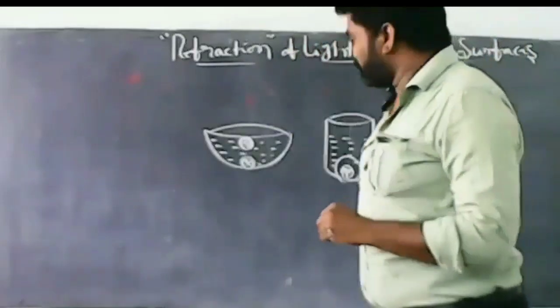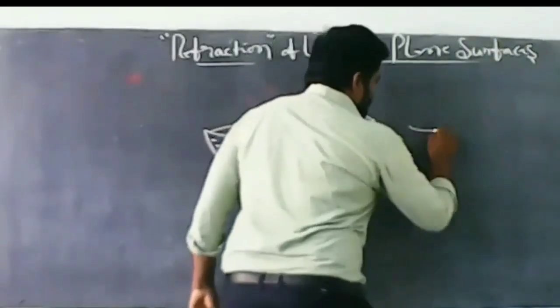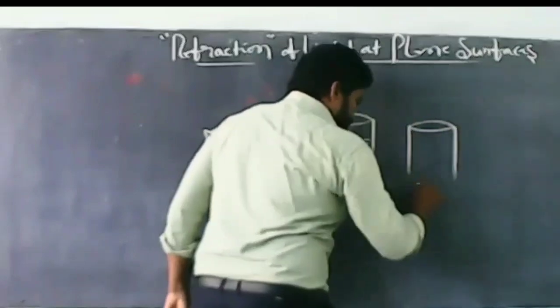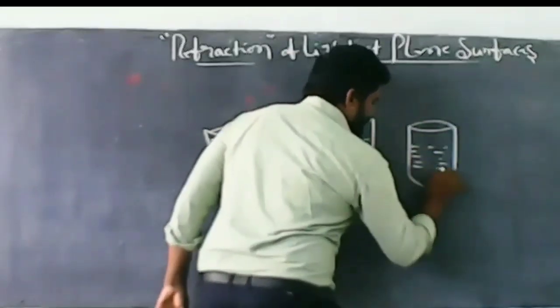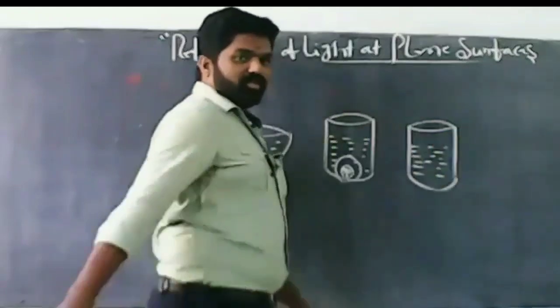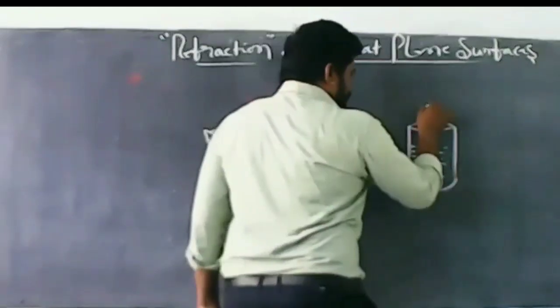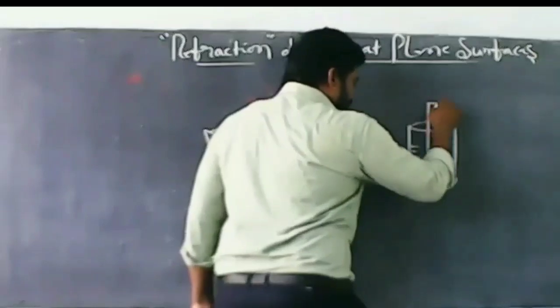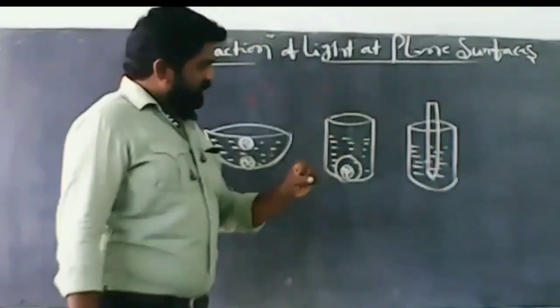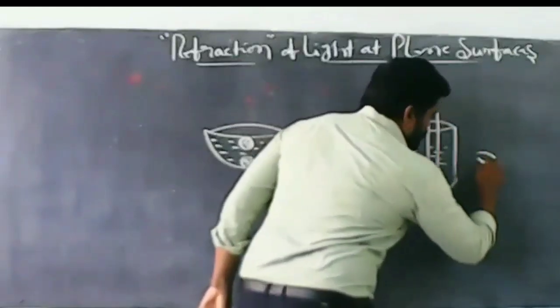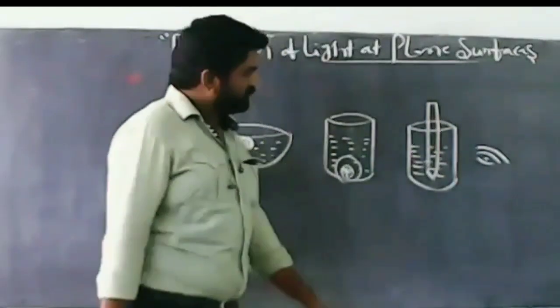One more scenario. Suppose one more tumbler is filled with water, a transparent glass vessel. Take a pencil and immerse the pencil in water. Observe the pencil from the side.